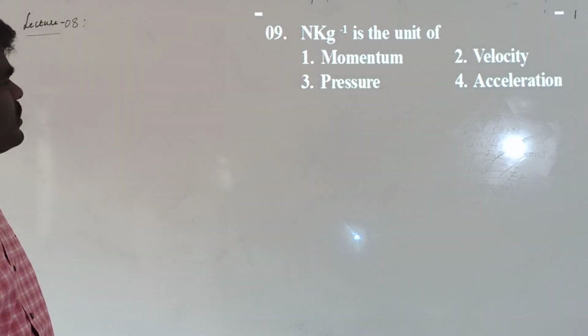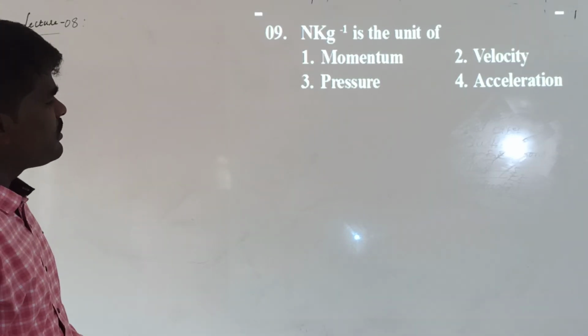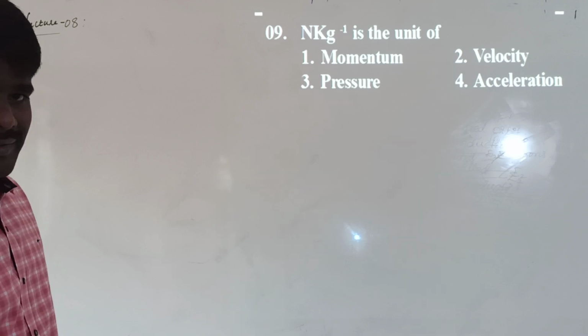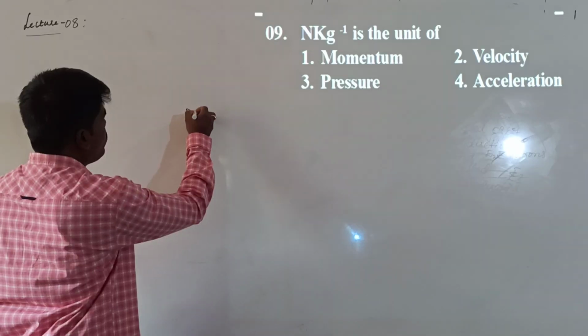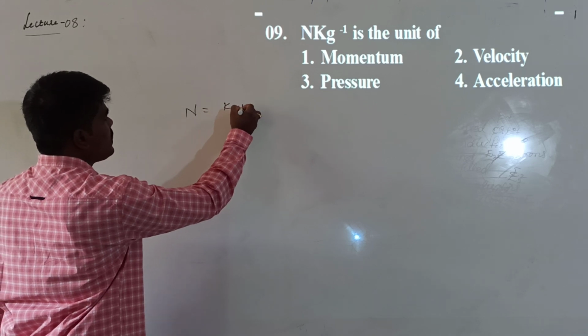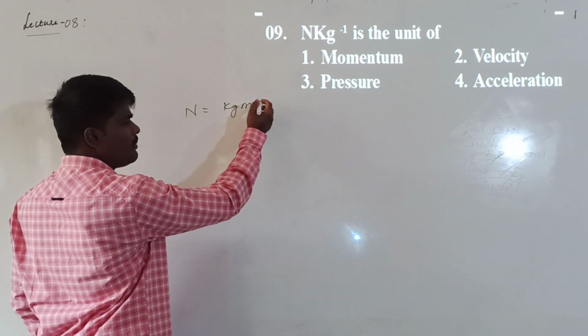Newton per kg is the unit of momentum or velocity or pressure or acceleration. First of all, see, 1 Newton is equal to kg meter per second square.